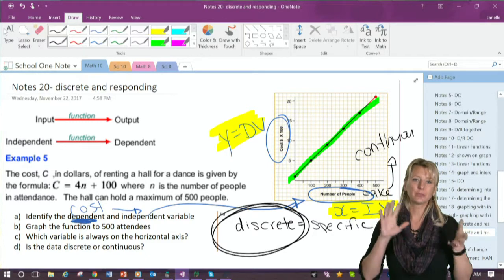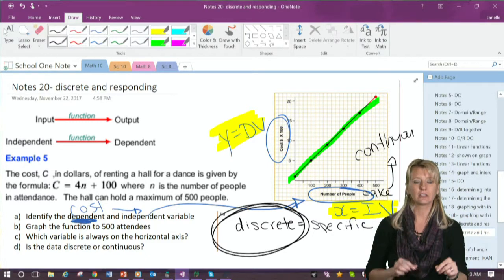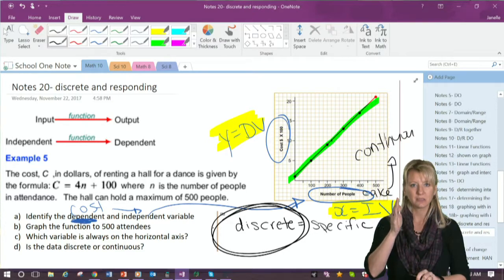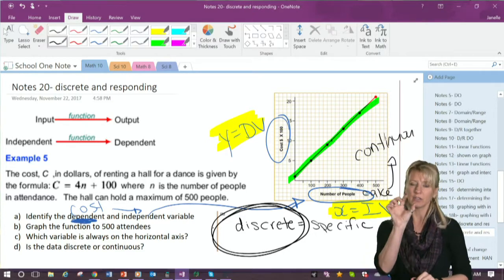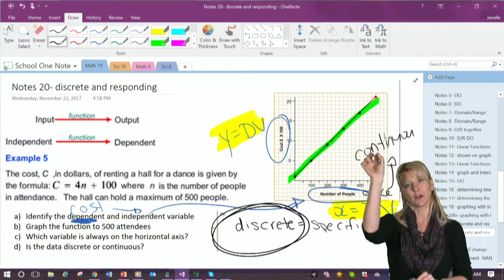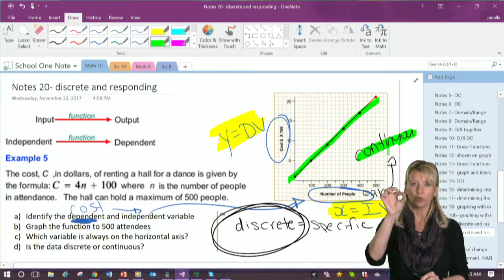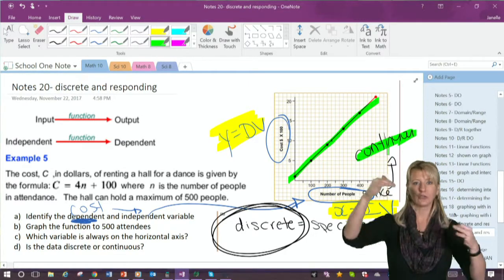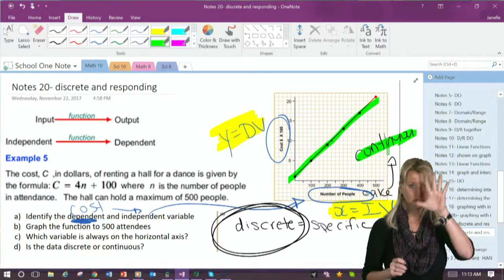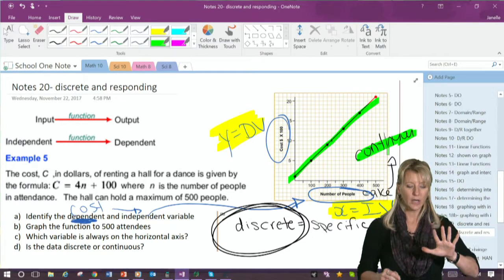So that's the difference between discrete and continuous. Discrete means that it has to be specific things. You can't have in-between numbers, and it's usually more dot, dot, dot, dot, dot. Continuous means you can have those in-betweens and it continues on anywhere along that line. So I just wanted to explain that to you.